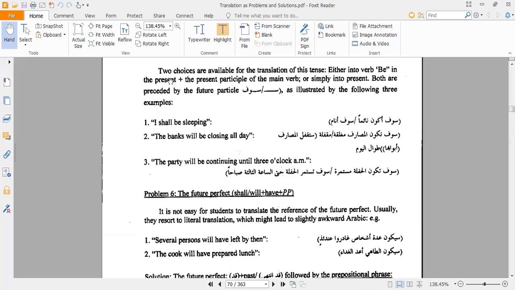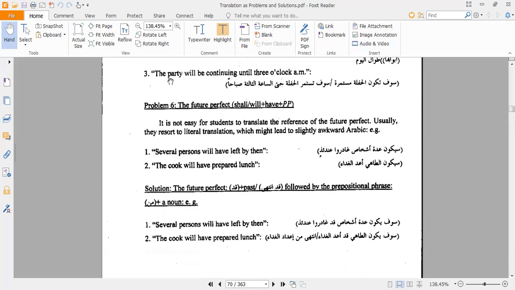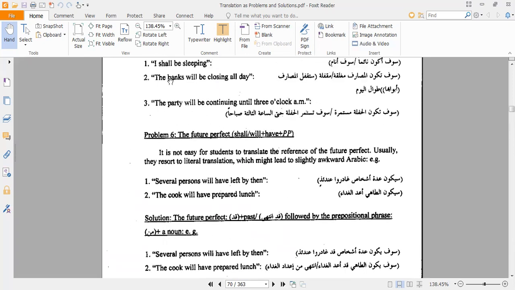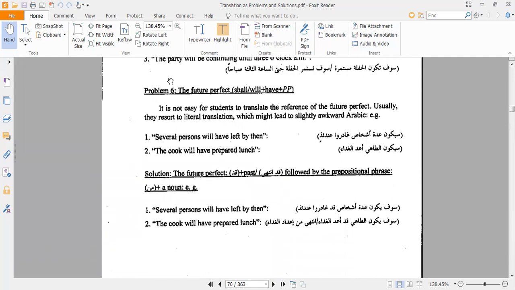Now problem 6. The future perfect: shall or will plus have plus past participle. For example, several persons will have left by then. Here we have will or shall plus have plus past participle.